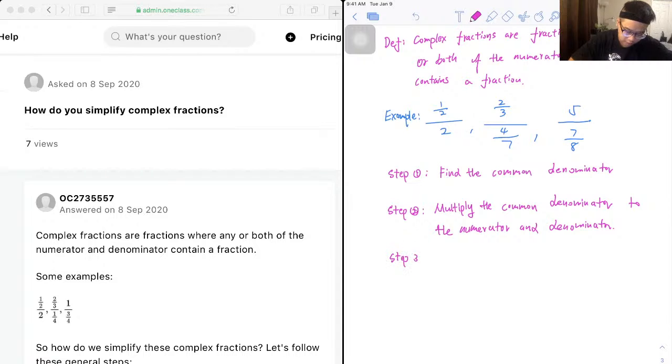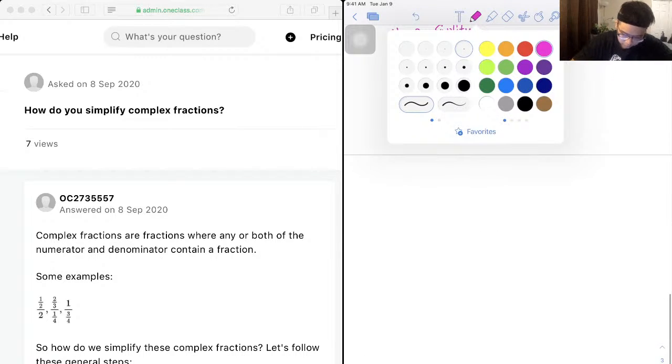And our last step will be to simplify. Right. So let's try an example. Okay. So let's start a new page.